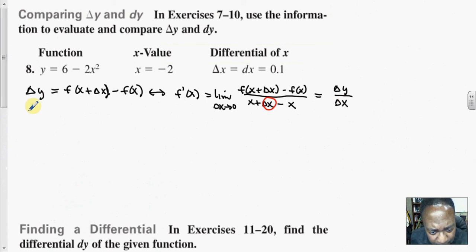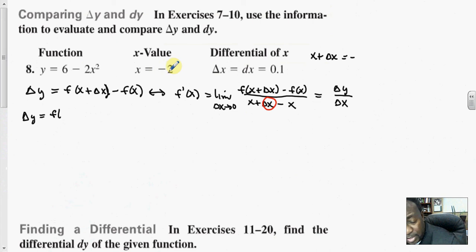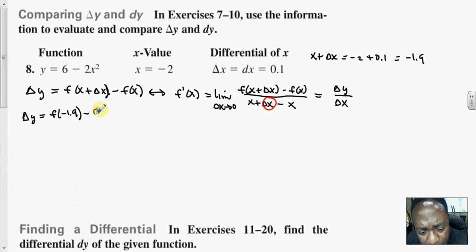So if that be the case, they give us that delta x is typically the approximation of dx. So here our delta y is f of x plus delta x. If x is negative 2, then x plus delta x is negative 2 plus 0.1, and so here this gives us negative 1.9. So this is f of negative 1.9 minus f of negative 2.